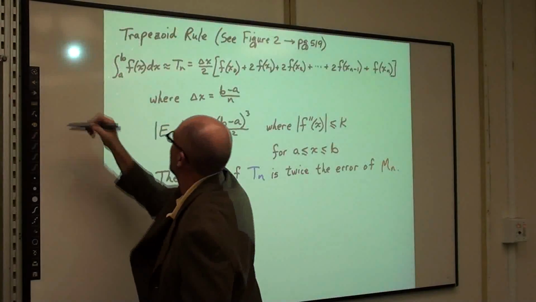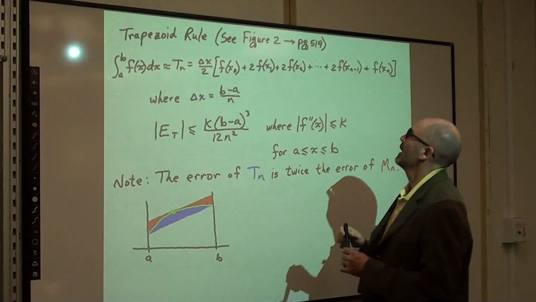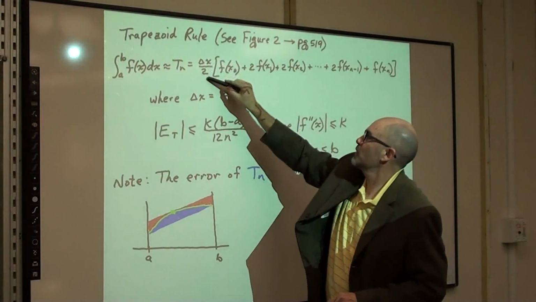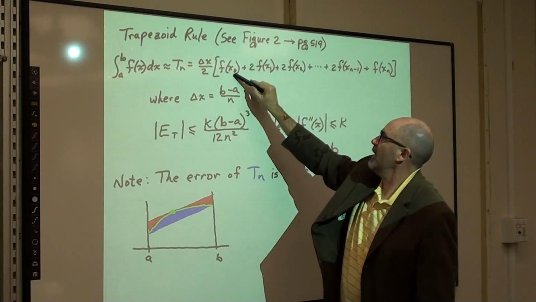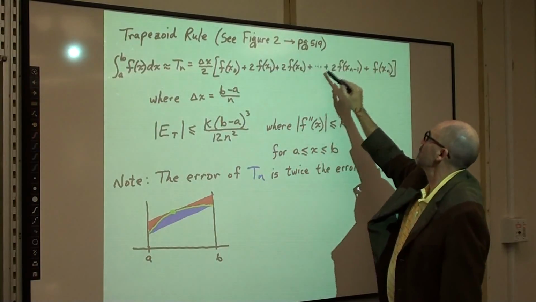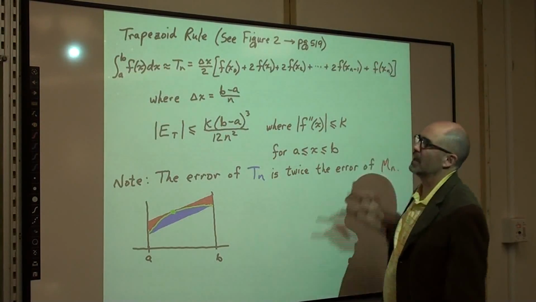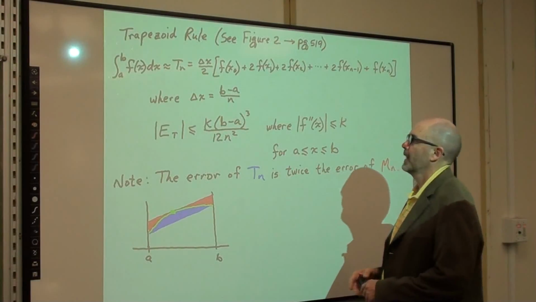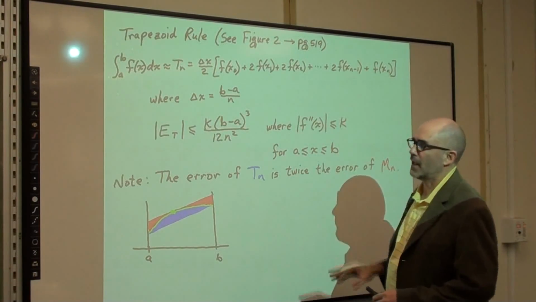That's why our trapezoid rule is delta x over 2, and then it goes 1 f of x, then 2, then 2, then 2, all the way to the very end where it's 1 again. So you want to memorize that, obviously.